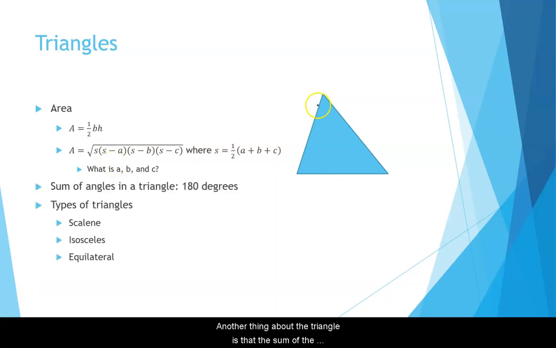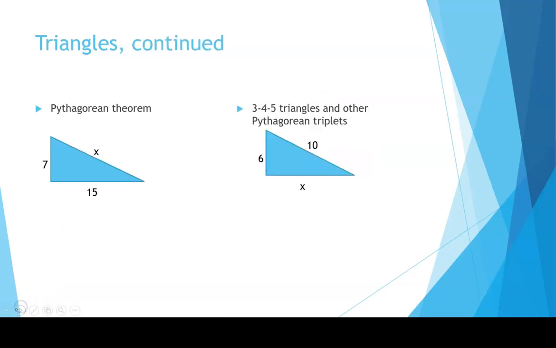Another thing about the triangle is that the sum of the angles in a triangle is 180 degrees. We talk about scalene triangles that have 3 different side lengths, isosceles triangles which have 2 of the same side lengths but the third one's different, and equilateral triangles where all 3 sides are the same. We also talk about something called the Pythagorean theorem.